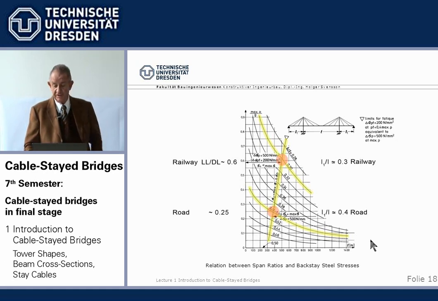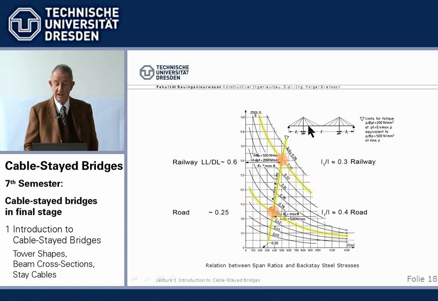And so, just to put it short, if we have a road bridge, a concrete bridge with roadway traffic, we have about 25% live load to dead load, and we come to a span ratio of 0.4 to 1.